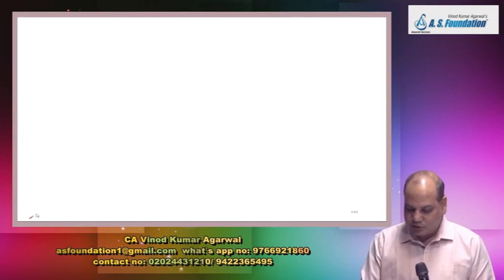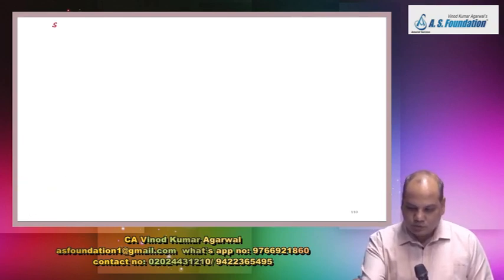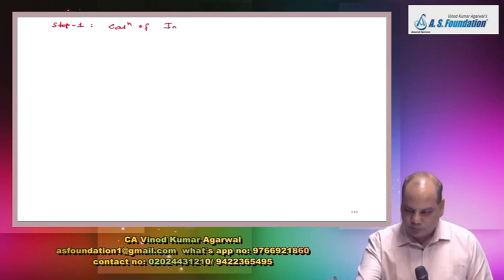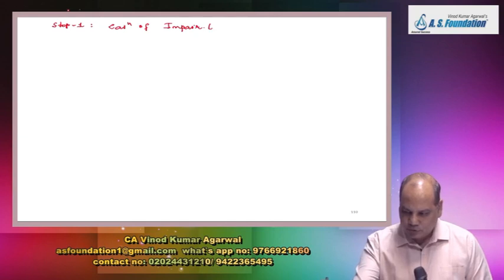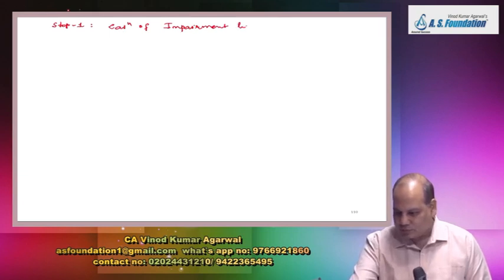The answer is printed in your book, don't worry. So step 1, calculation of impairment loss. Understand slowly, because this requires understanding of the entire chapter.